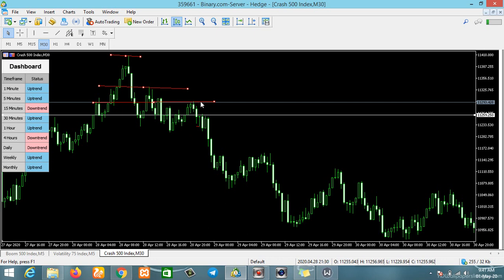Once you get to this support or resistance level right here, you try to avoid the long trade a bit so that you won't get caught in any crash. If it should break this resistance level right here, then we are heading for the top.